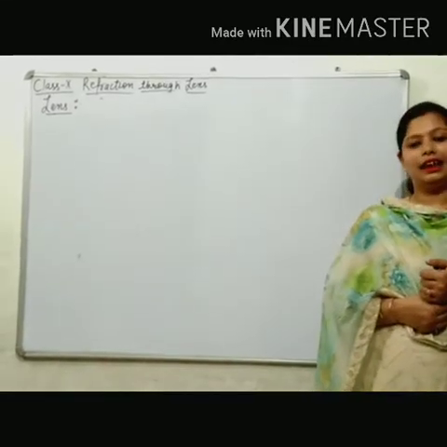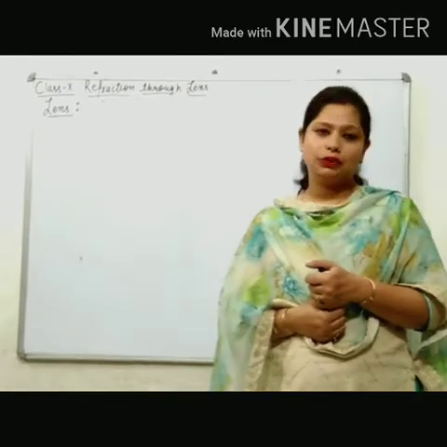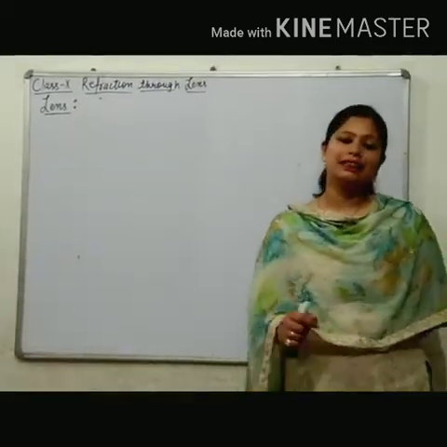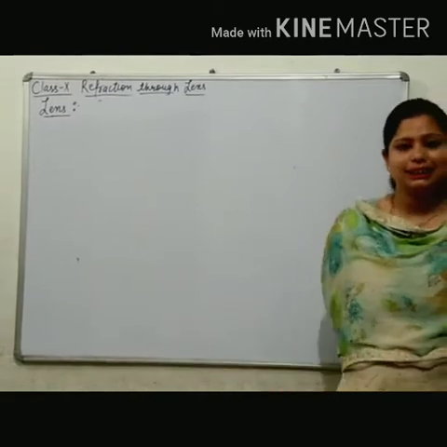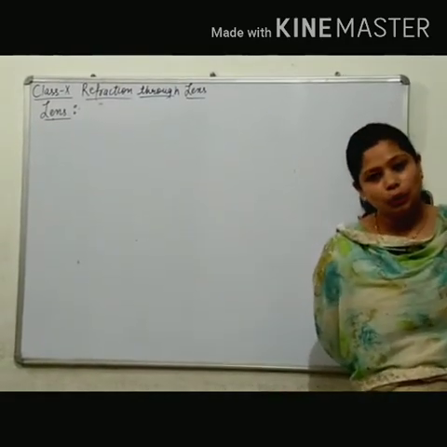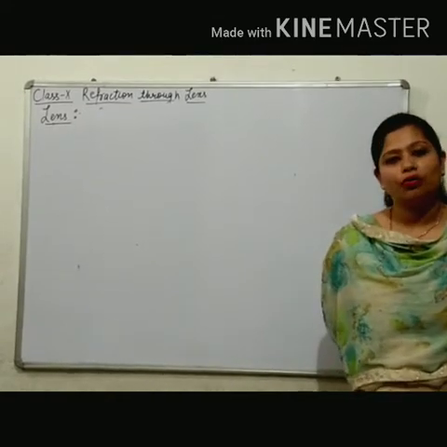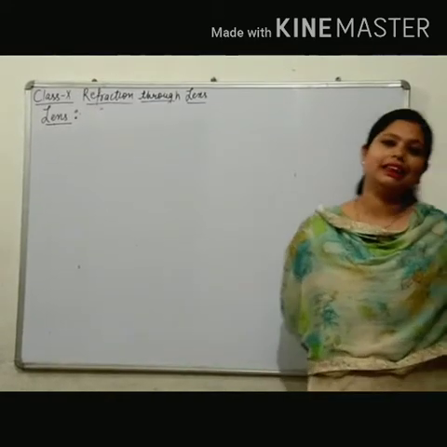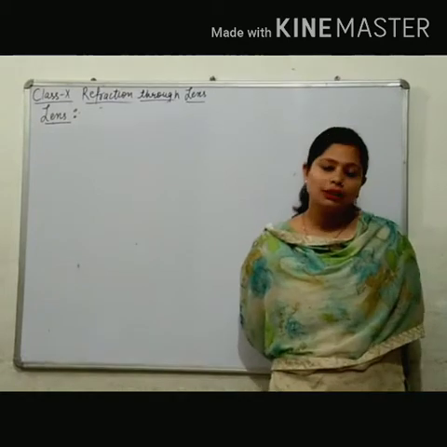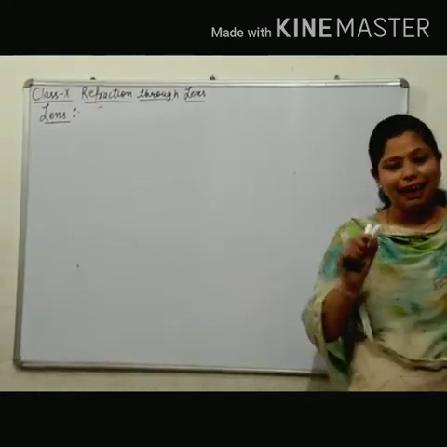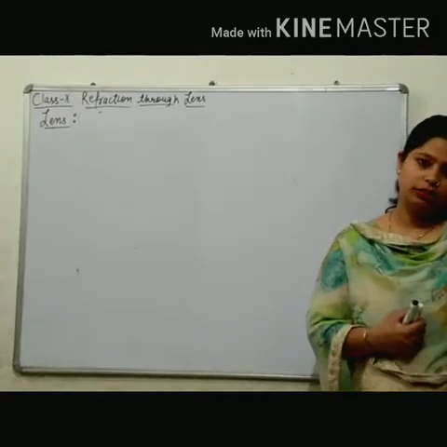Let's start today's topic, that is spherical lenses. All of you must have seen some classmates, students studying in your class, who use spectacles for reading purpose due to loss of vision. You must have seen some watchmakers who use glasses so as to see tiny parts of a watch.